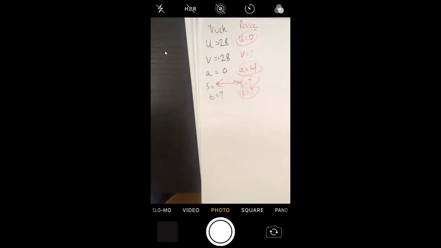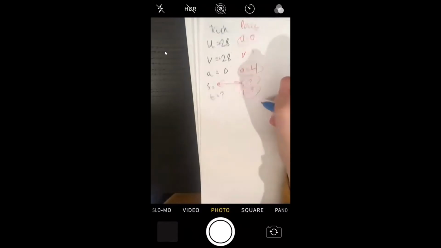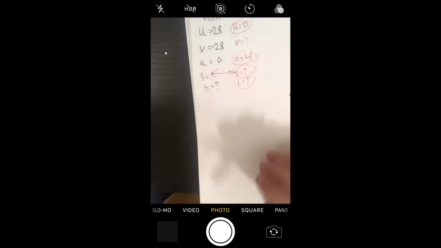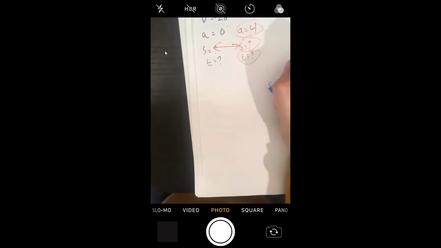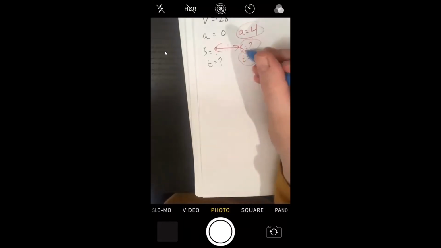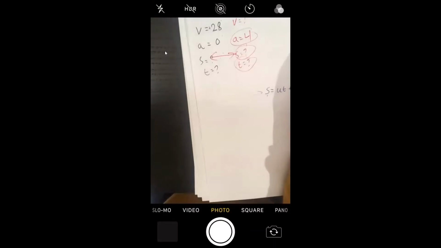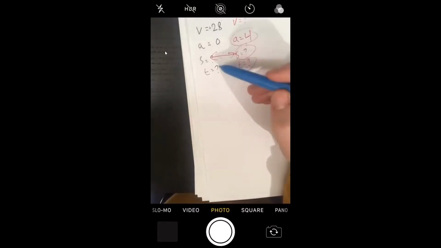That formula is S equals UT plus half AT squared. And we want to know, for whatever value of T we use, when does this displacement equal the displacement of the truck?